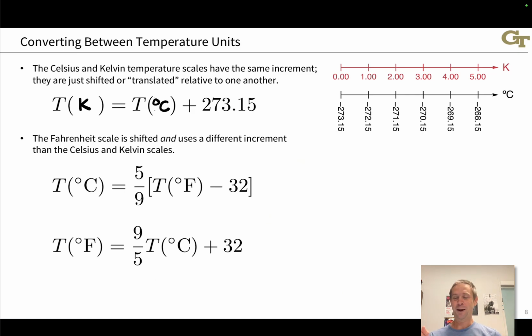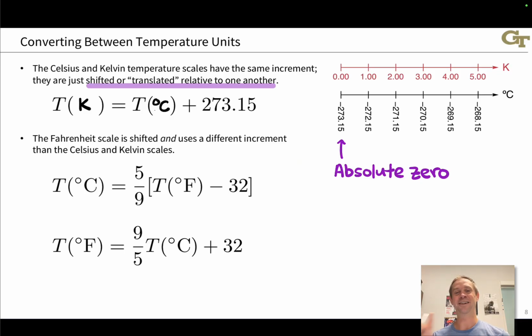And so we shifted the Celsius scale so that negative 273.15 corresponded to 0 in a new unit that was then called the Kelvin. And so to find a temperature in Kelvin from a temperature in degrees Celsius, we add 273.15 to the temperature in degrees Celsius. So for example, negative 273.15 degrees Celsius corresponds to 0 Kelvin.